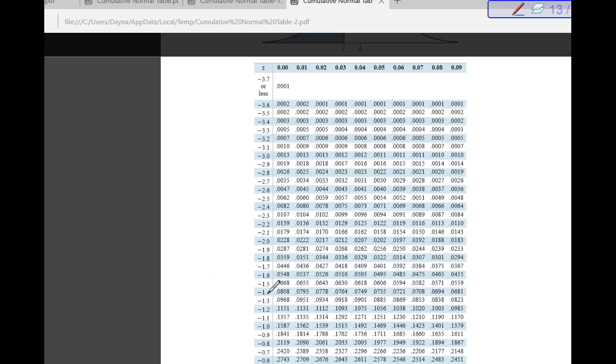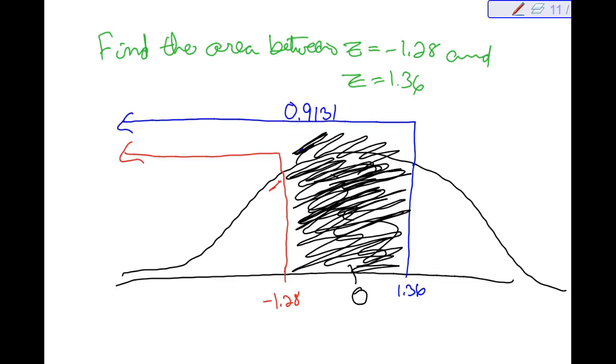A negative 1.28, so a negative 1.2 and an 8. Okay, so I've got that, which is 0.1003. So that's going to be a 0.1003. And again, these give me all to the left.